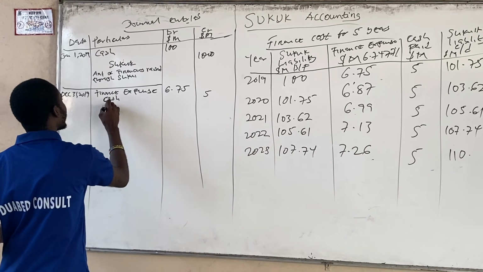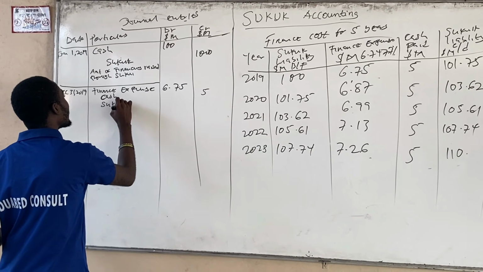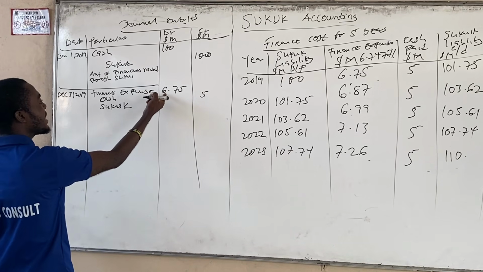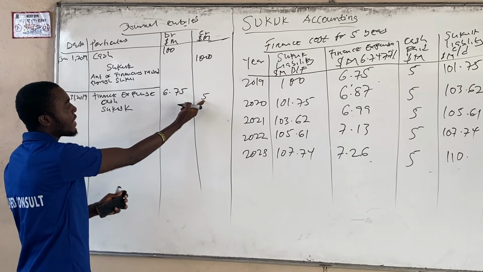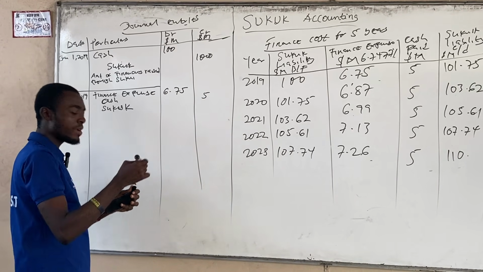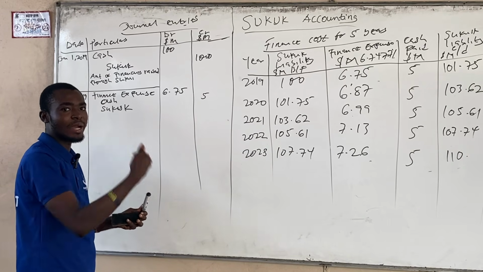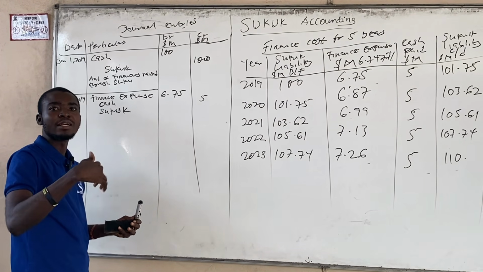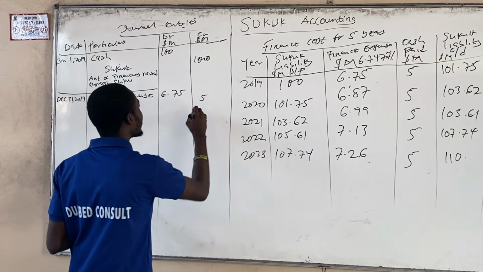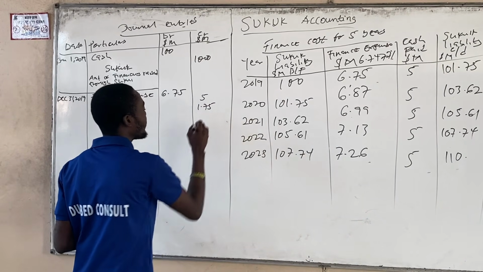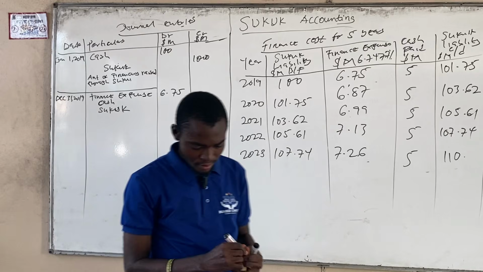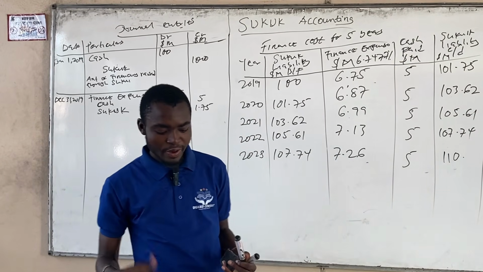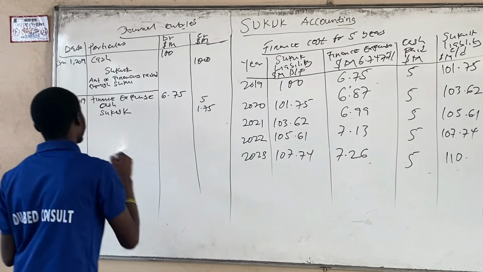And then the Sukuk: they are supposed to pay 6.75, but they paid only 5. So the difference will increase the amount of money that the originator is owing, or the difference will increase the Sukuk liability, which is 1.75. And then the narration will be finance expense for the period.